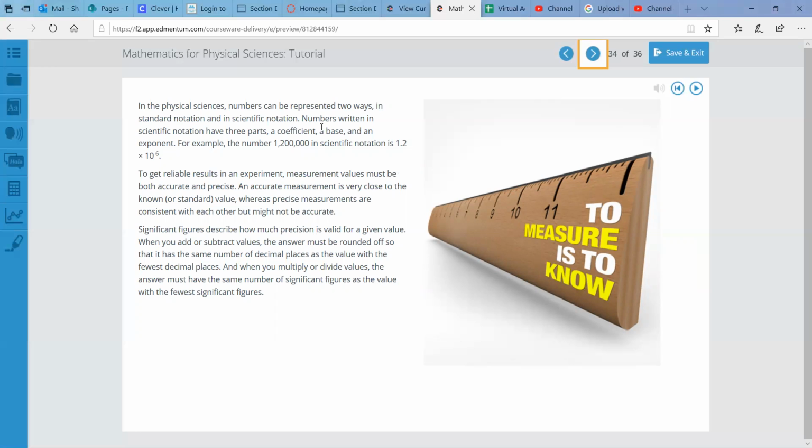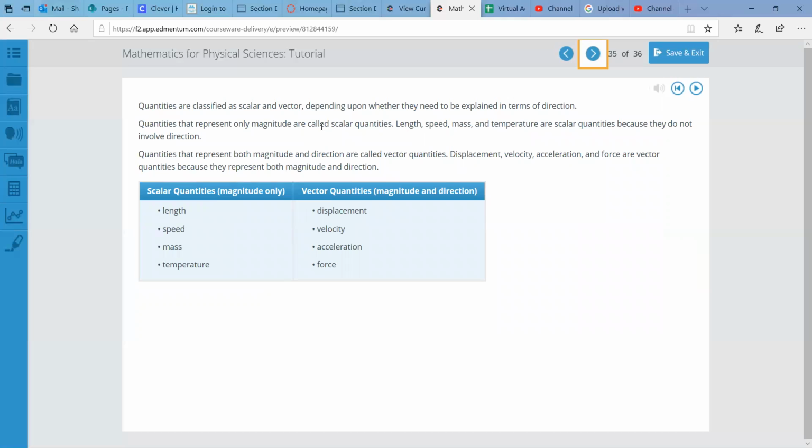When you add or subtract values, you have to pay attention to the number of decimal places the value with the fewest decimal places has, and only use that many decimal places. But when you're multiplying and dividing, you must have the same number of significant figures as the value with the fewest significant figures. And the best way to learn about that is just practice and practice.